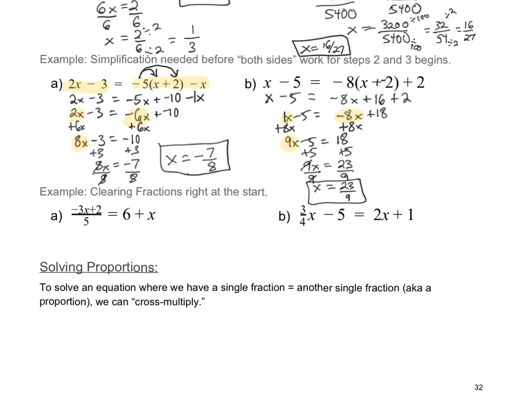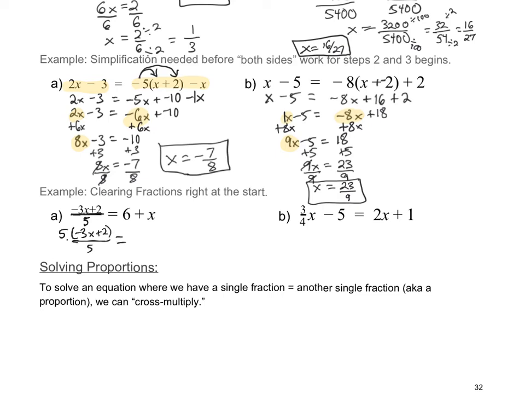So I would recognize what is the least common denominator across any fractions. And in this problem, there's really only one denominator. And so that's going to be my least common denominator. And then I'm going to multiply every single term by 5. So on this side, it's going to look like -5 times this entire fraction.